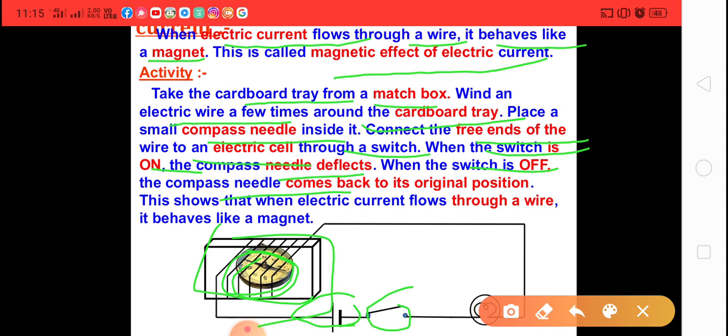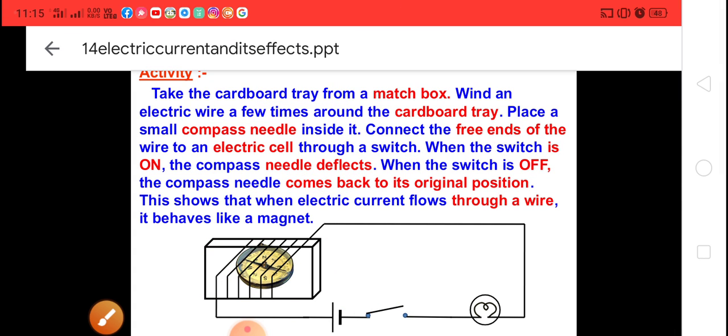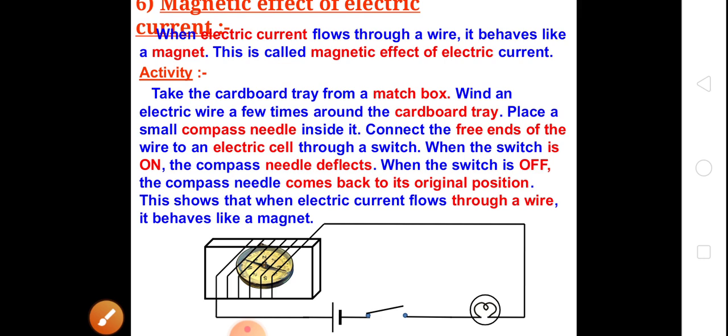Okay, if we switch off, then there is no supply of current in that circuit and the needle gets back to its original position. This is the magnetic effect of electric current. Okay, clear?